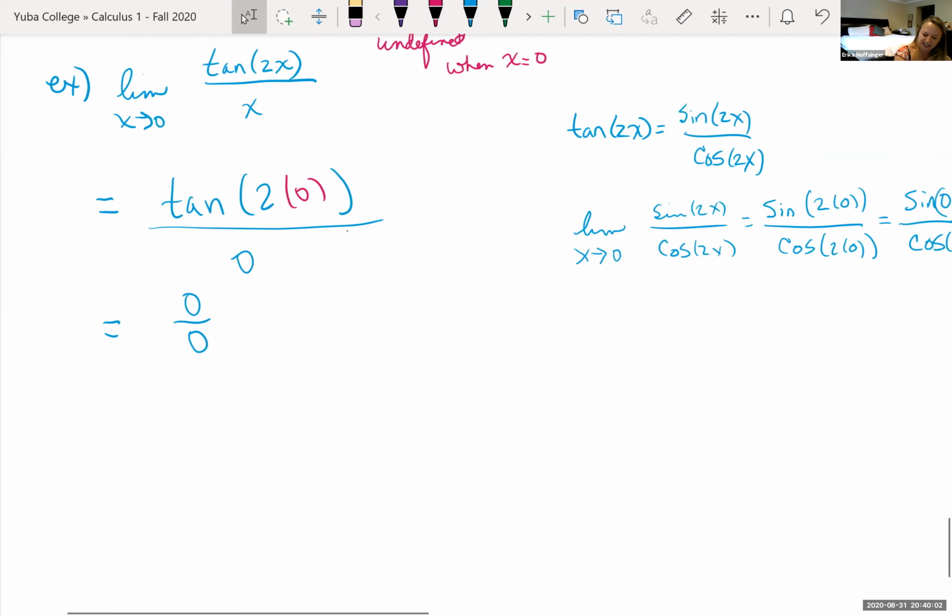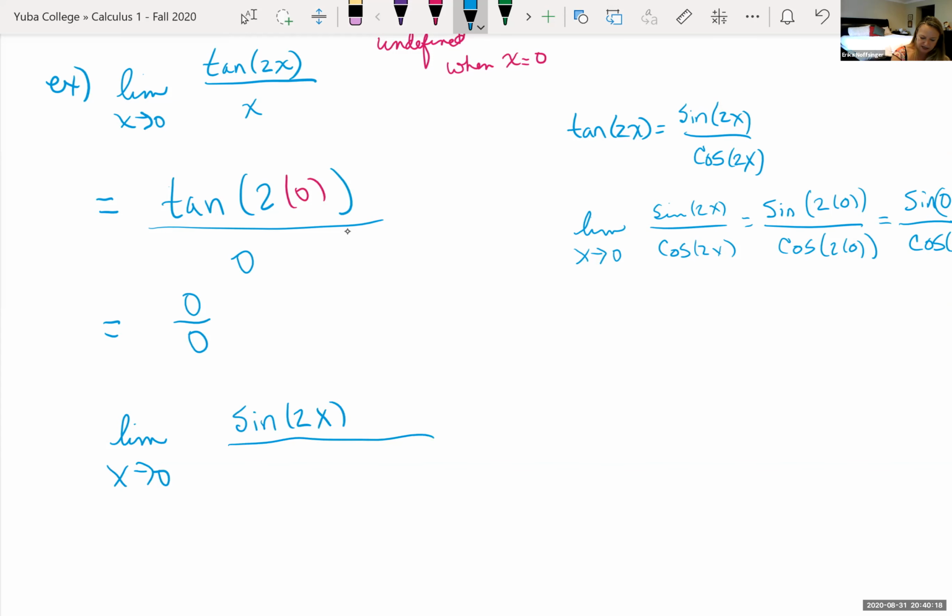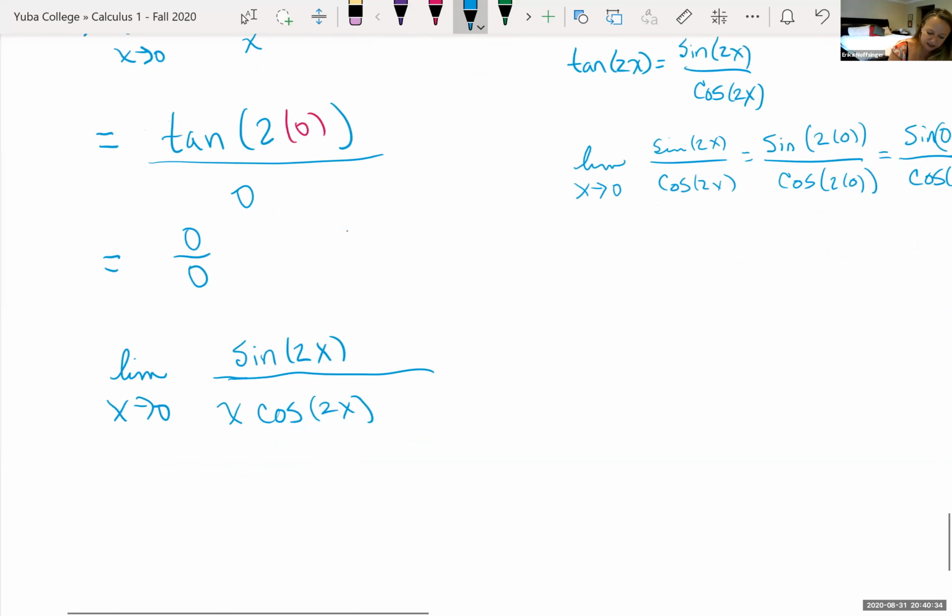So instead of writing it like this, let's rewrite it in terms of sine and cosine. So we have the limit as x approaches 0 of, well, this is the same thing as sine of 2x over cosine of 2x times x. It doesn't matter what side the x is on in the denominator. We can break this down as a multiplication of 2 fractions and be equivalent.